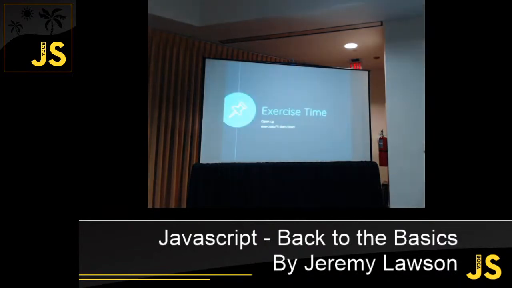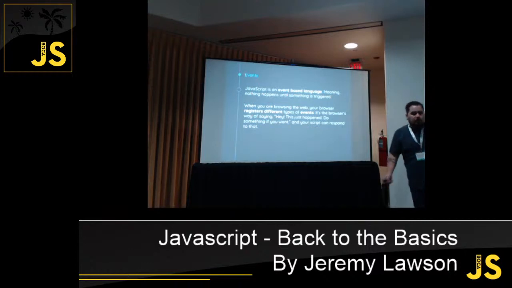Last thing I can talk about is events. The four things I mentioned were objects, arrays, loops, and coercion. Oh no, the DOM and coercion. Events, I'm going to add that as the fifth one. Events are important.